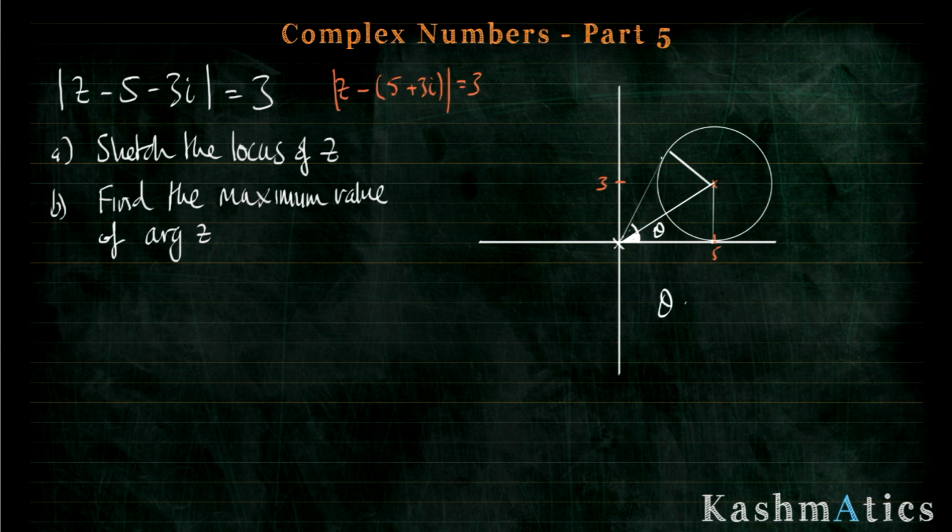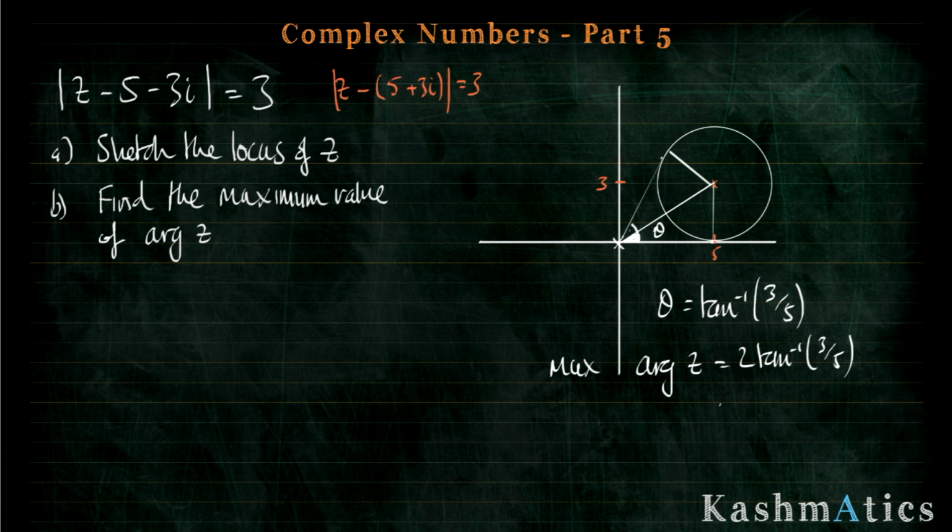Theta would equal the inverse tan of 3/5. Therefore the maximum argument of z would equal twice that, so 2 multiplied by the inverse tan of 3/5, which equals 1.08 radians.